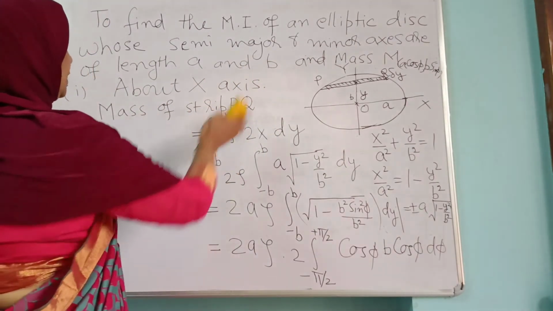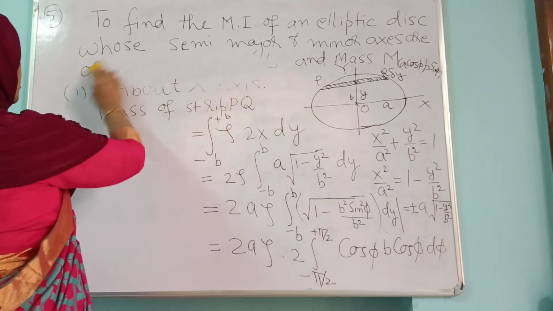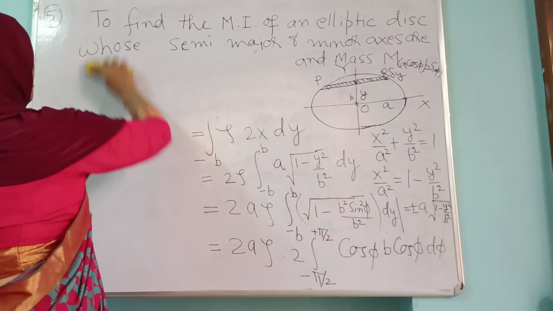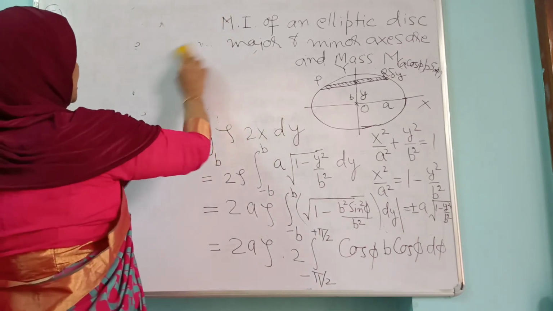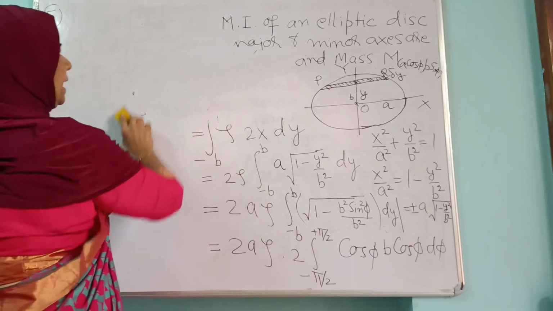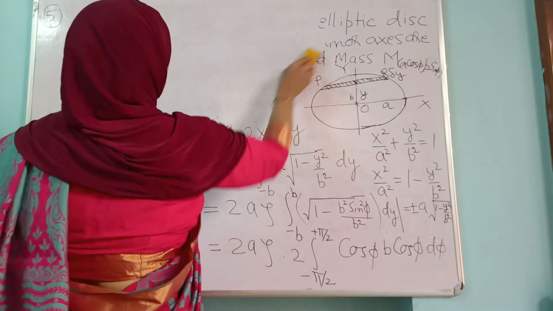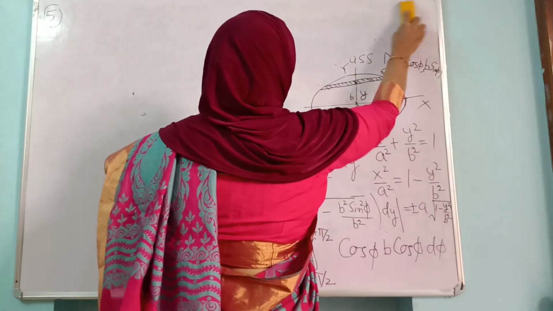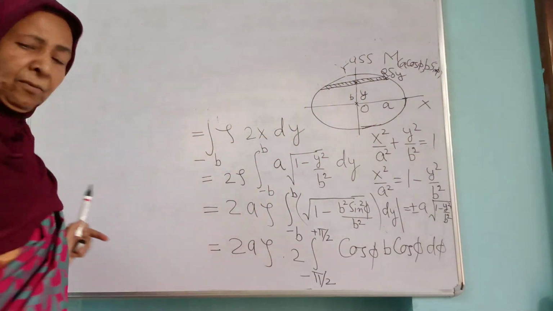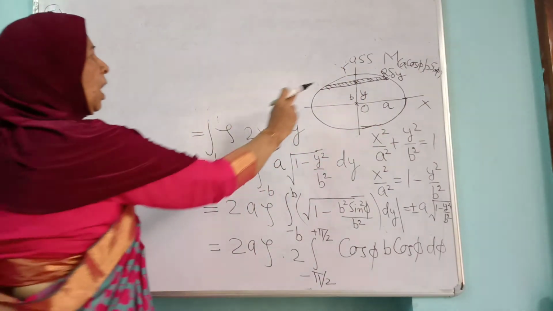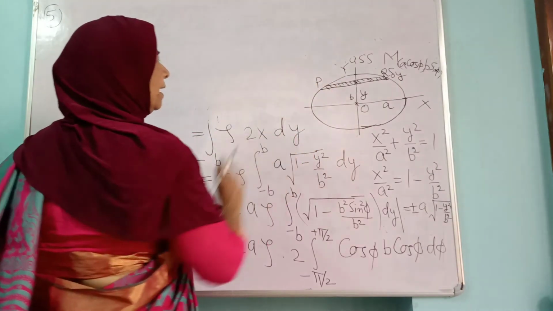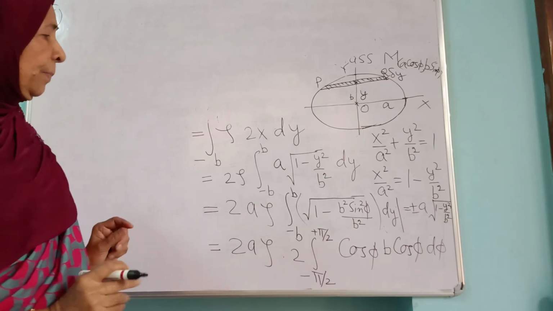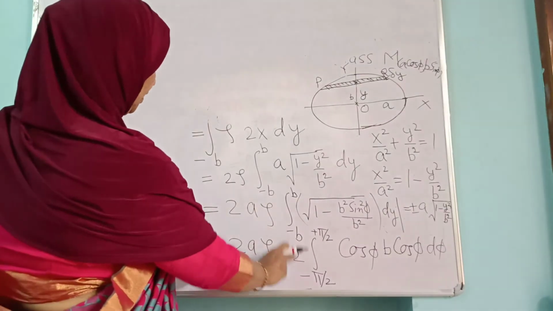Okay, so this is the first thing we did. First of all, we found the total mass of this elliptic lamina. The total mass of this elliptic lamina will give us the density of this elliptic lamina, and then we will find out the moment of inertia of this strip and then the complete elliptic lamina. Now let us work out this.